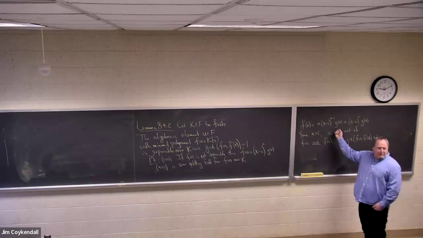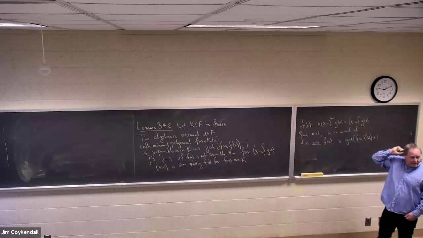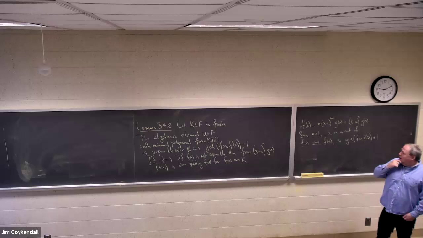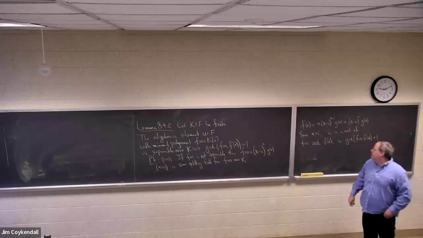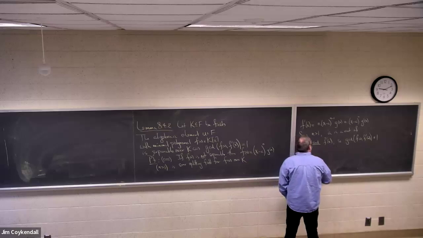F and F prime are two elements of the polynomial ring. If we have a root, it should be the binomial x minus a multiplied. Well, right. But I like this kind of explanation.